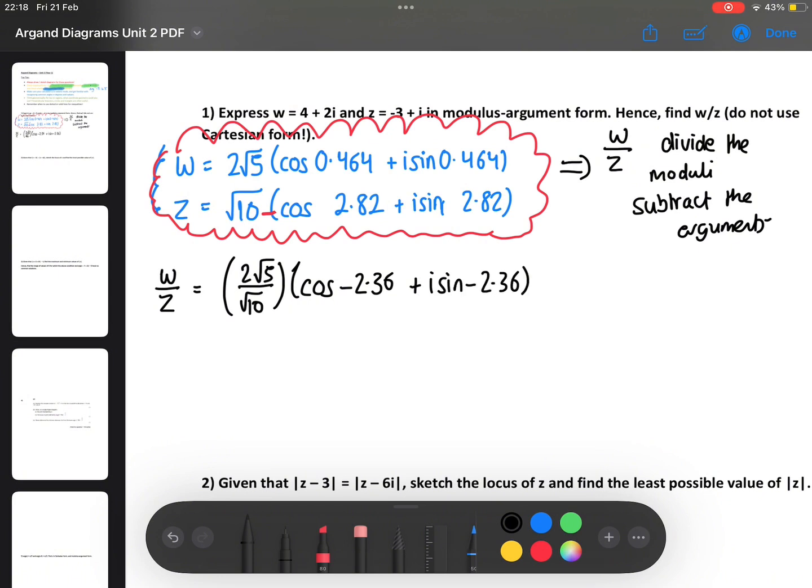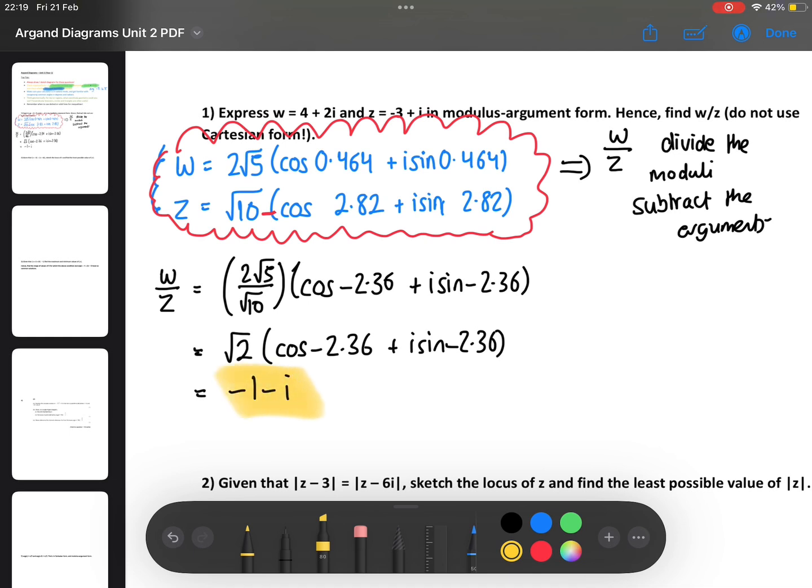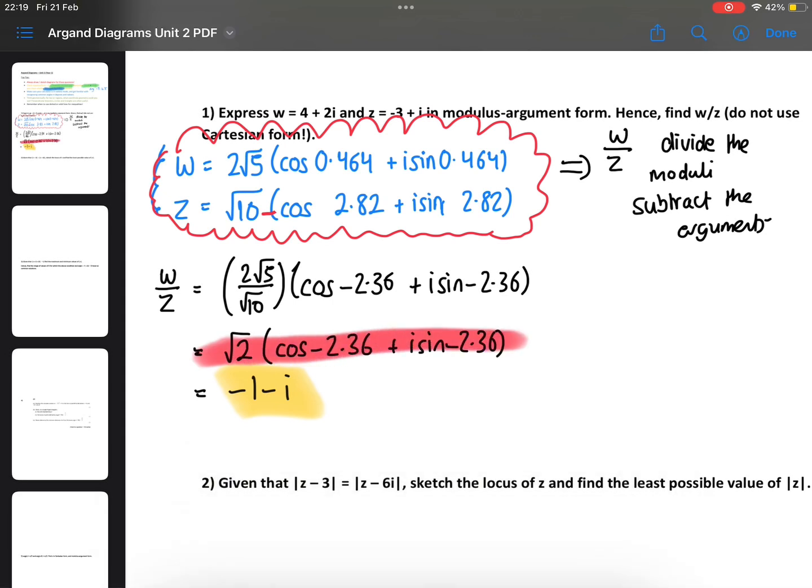And if we put that into our calculator, we get the modulus as being root 2, and this will simplify to minus 1 minus i. If you evaluate the modulus argument version here, if you put that into your calculator, minus 1 minus i is what you get.